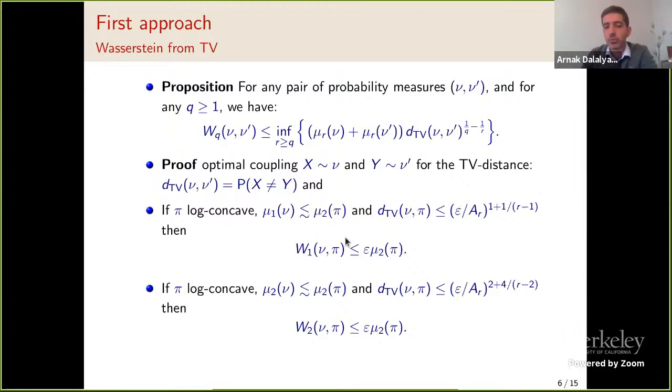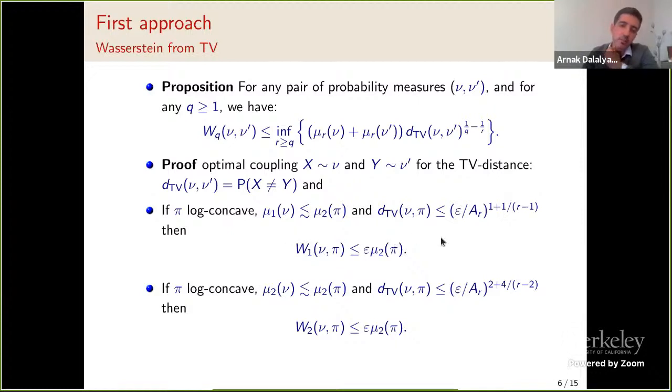And if we assume that the other distribution has, say, a first order moment which is not larger than the second order moment of the target distribution, then we can relate the mixing time in Wasserstein 1 distance to the mixing time in total variation distance.